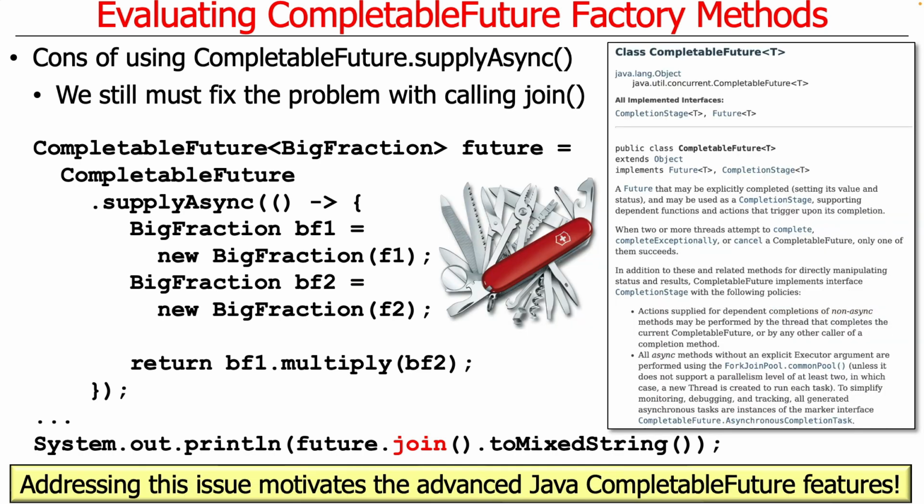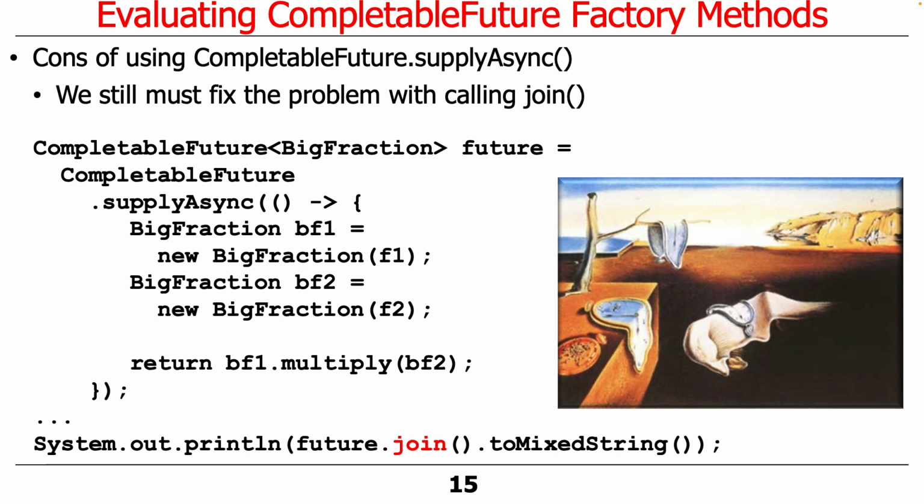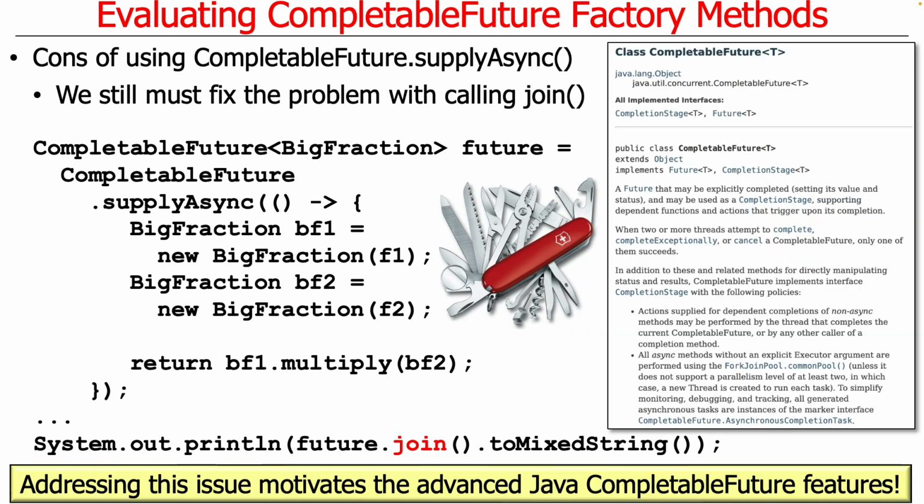The other thing to remember is that there's no timed join, so if we wanted to wait for a certain amount of time or bound the amount of time, we couldn't easily do it this way either. Naturally, all those limitations and downsides are fixed in the advanced version of completable futures, which we're now going to start taking a look at with more comprehensiveness.